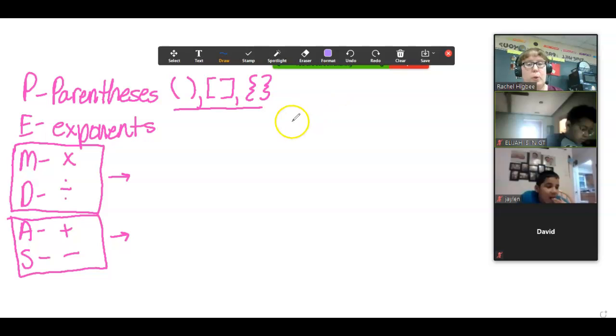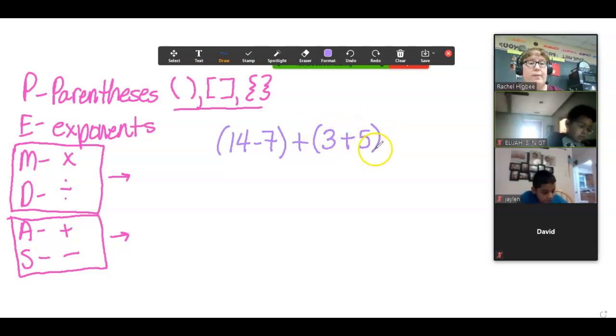All right. So let's do one together. Let's do in parentheses 14 minus 7 plus in parentheses 3 plus 5. All right, what am I going to do first?